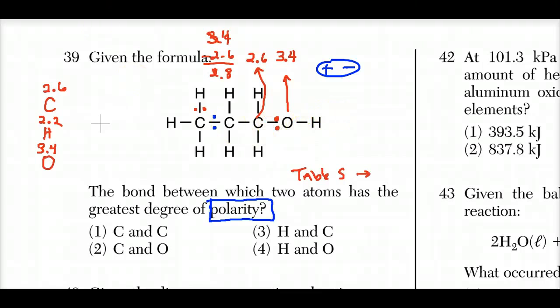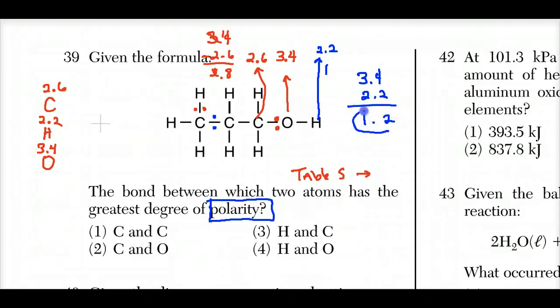Now, hydrogen has a 2.2. So we have to figure out if the difference in electronegativity is greater between carbon and oxygen or oxygen and hydrogen. What we're going to do is 3.4 minus 2.2, and you probably can see already that this is going to be a greater difference in electronegativity.